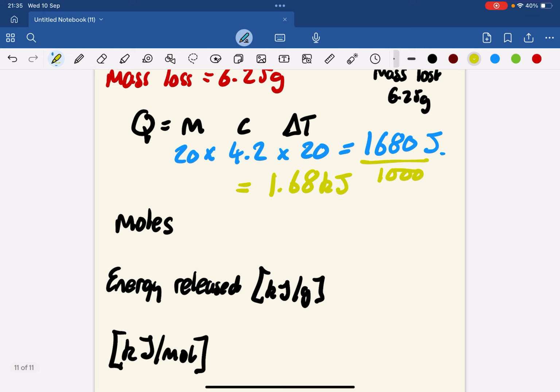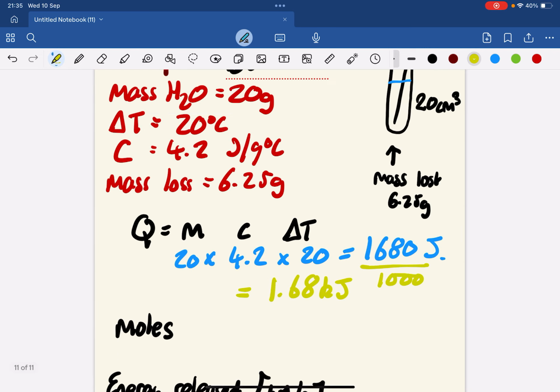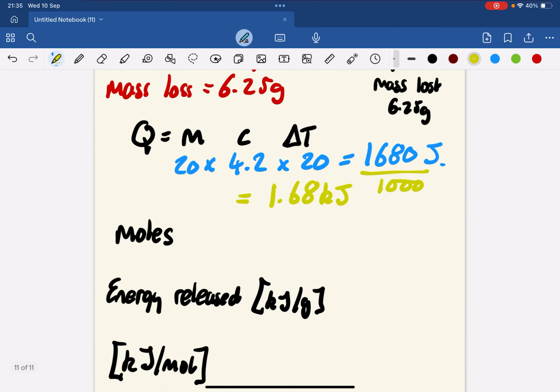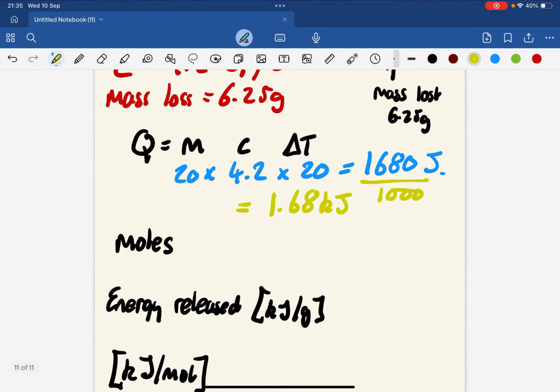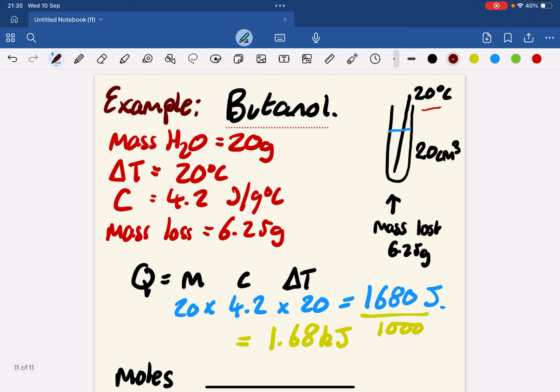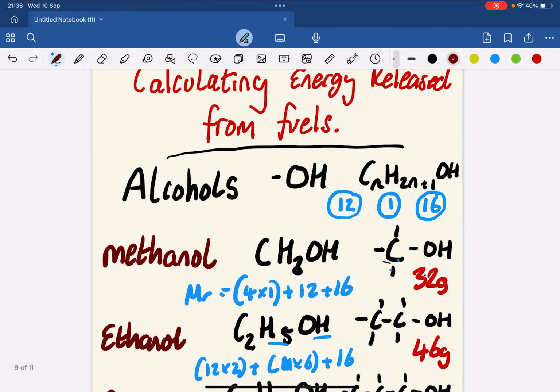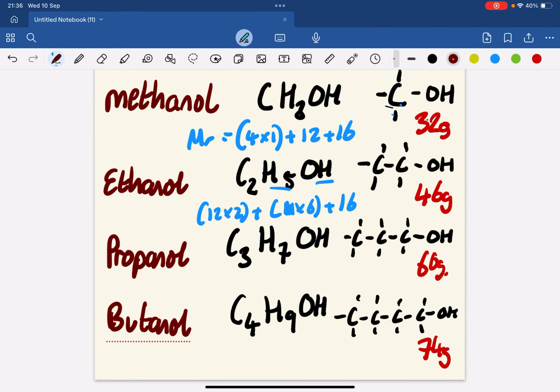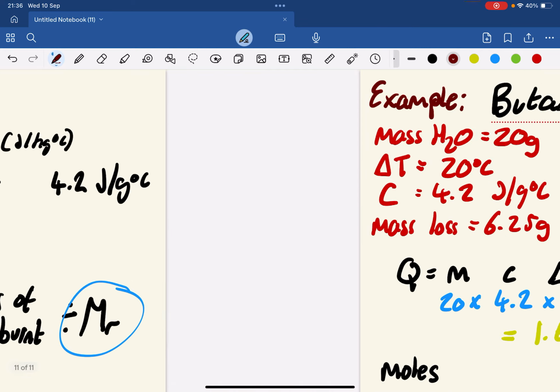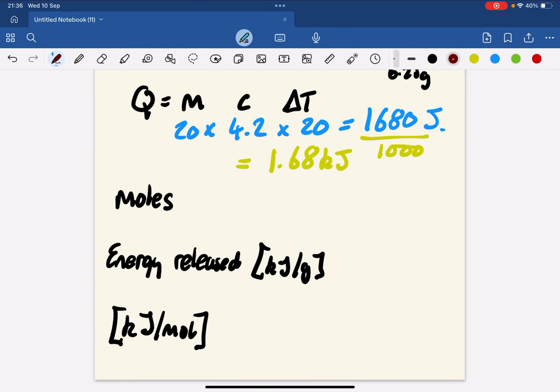We can then look at the number of moles that was burnt in this experiment. We need to use our MR of butanol, which we worked out before. It is 74 grams. So moles, MR is 74.